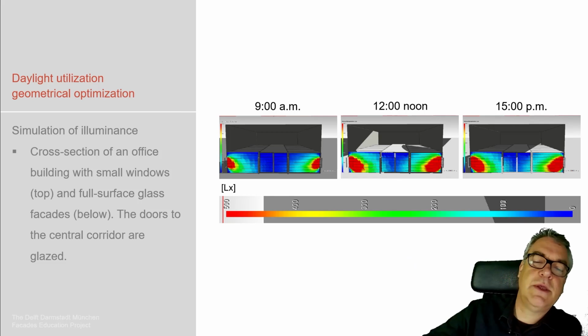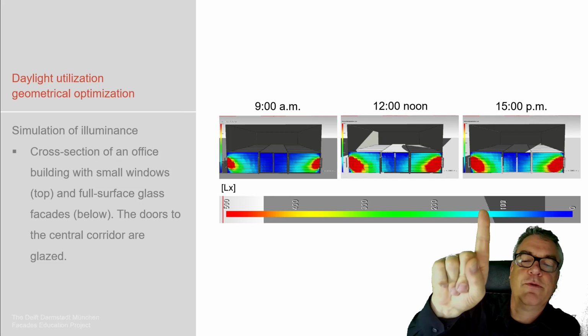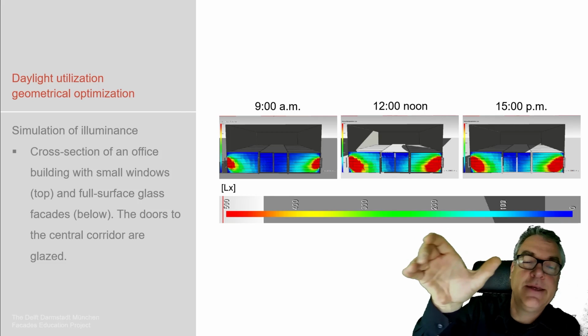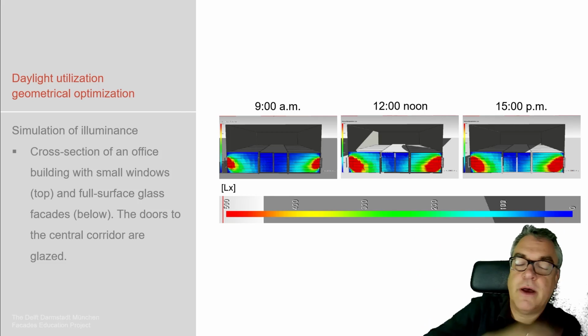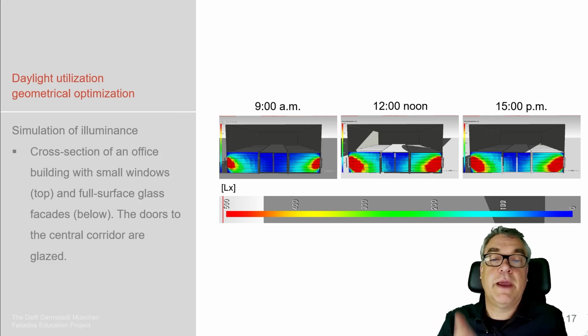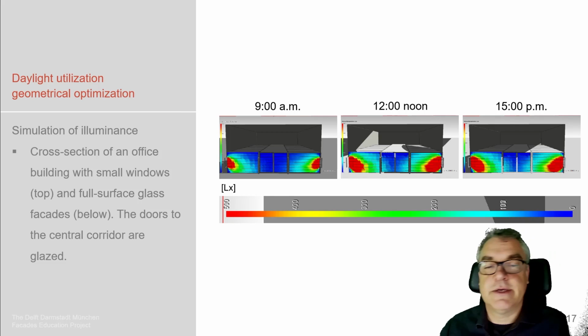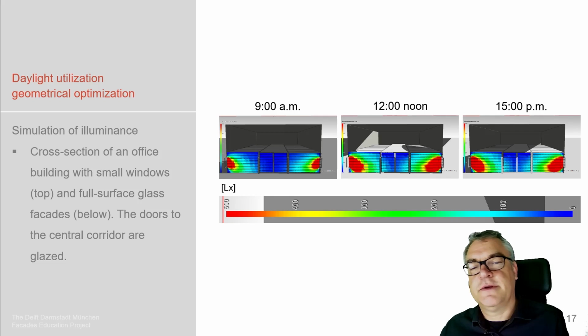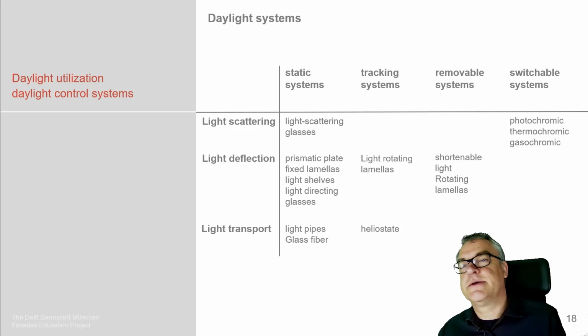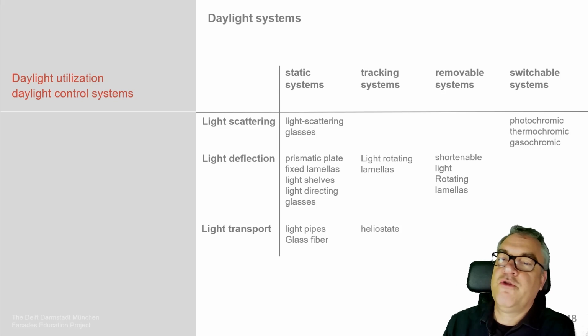You see close to the window, for example in this sample, there's a lot of light getting to the inside, versus at the far end of the room, or maybe the corridor, the inner part, there's a very limited amount of daylight reaching this surface.